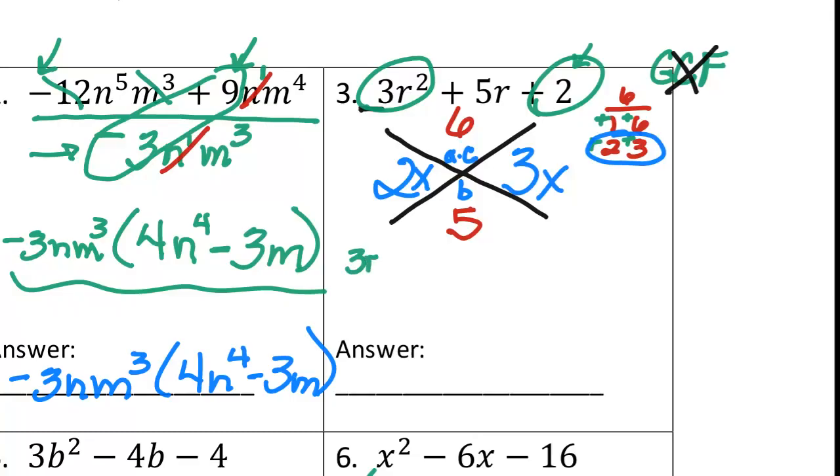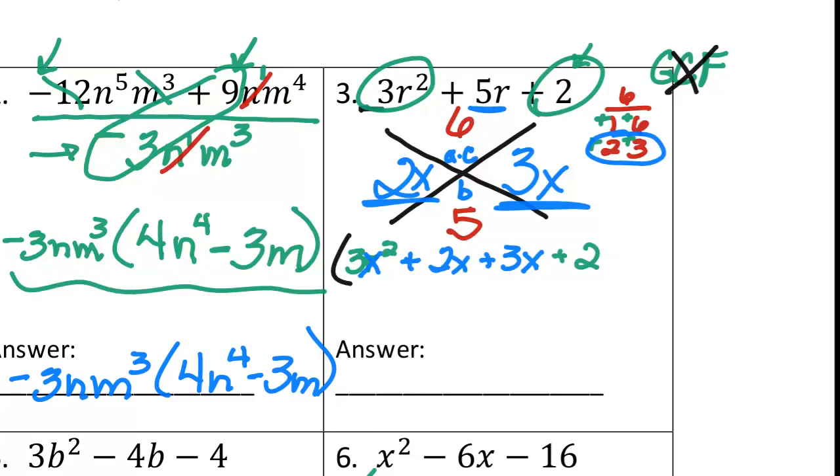So that's 3x squared. Middle term changes to these two added together. Plus, you know what? I do this all the time. I change everything to x's. If you want to change it to x, you can. If you want to keep it as r, I just want to make sure you're getting the idea. Okay? So I'm changing this to 2x plus 3x. My last term is 2.